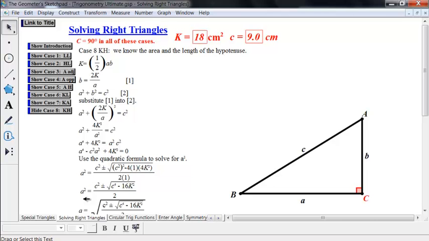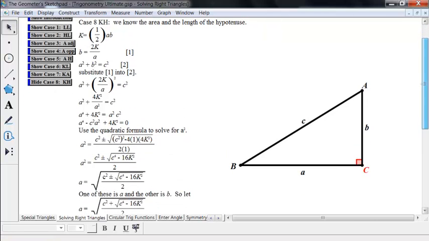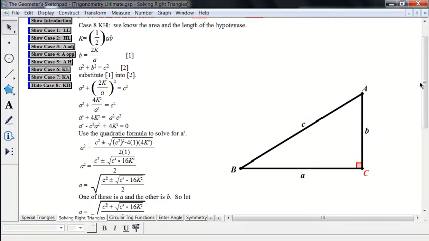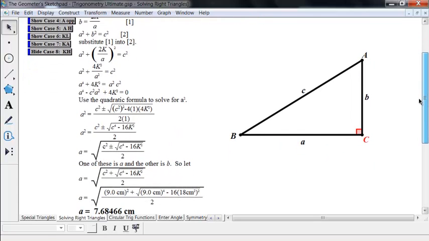Now, we take the square root of both sides. a has got to be positive, so we take the square root of that. And actually, the plus or minus gives you two values for the possibilities for the leg. It turns out one of those values is a and the other one is b. So I'm just going to arbitrarily pick a to be the one with the plus. Okay, and so this is going to be a.